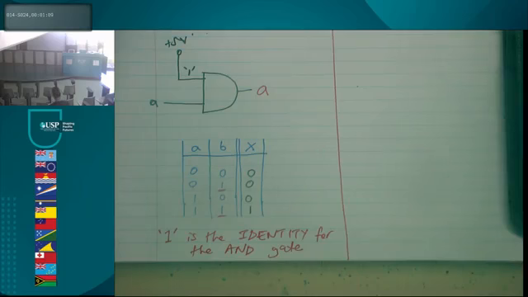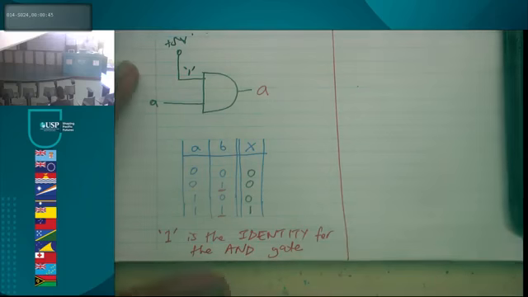So we are isolating the places where the second input is 1. So 0 and 1 gives you 0, 1 and 1 gives you a 1. And X is the output. In that case, X is equal to A, if you only take those two lines, of course.